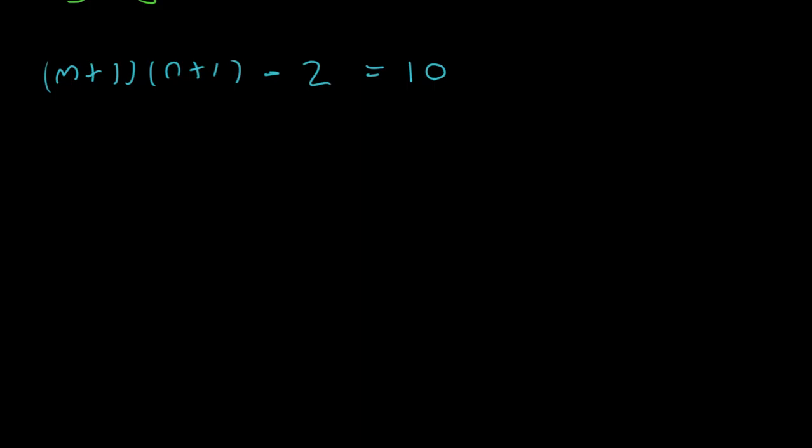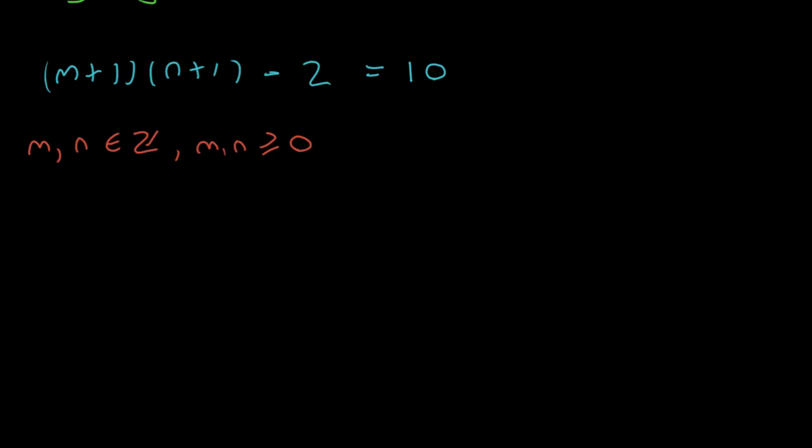Now, what we're going to do here is we see that m and n must be integers, greater than or equal to 0. So they're not necessarily positive integers, they're just the non-negative integers. So they could be 0, which is interesting to know. Basically, we're just going to solve this equation by trial and error.